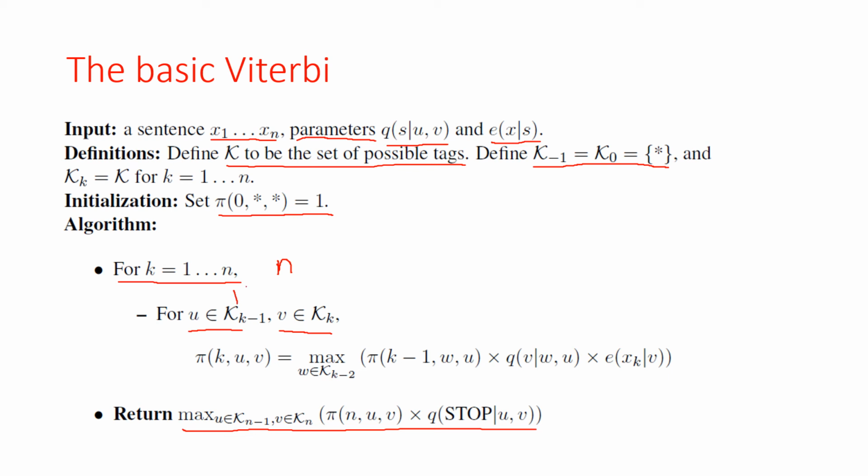So basically we have K times K combinations here, and also within this step of calculating pi we also have to choose between K cases. So when we put all this together we can conclude that the complexity of this algorithm is basically n times K to the power of 3, where K is the number of elements in the set K.